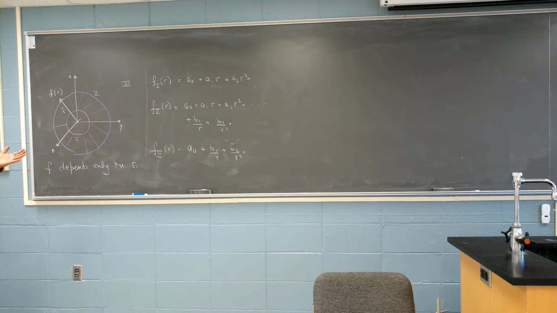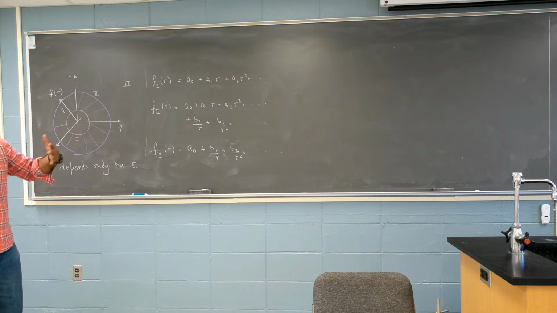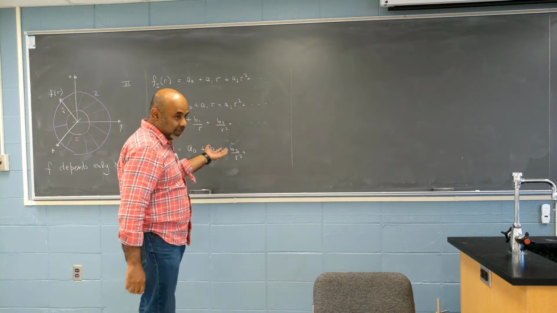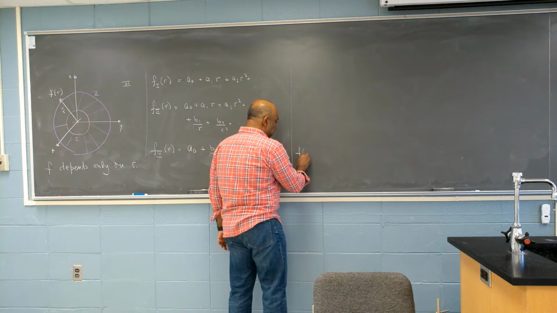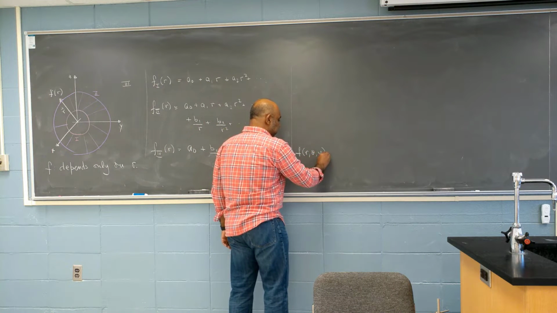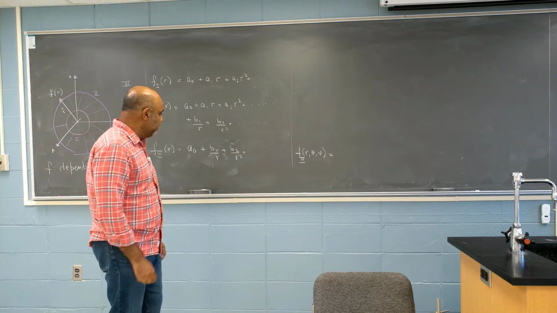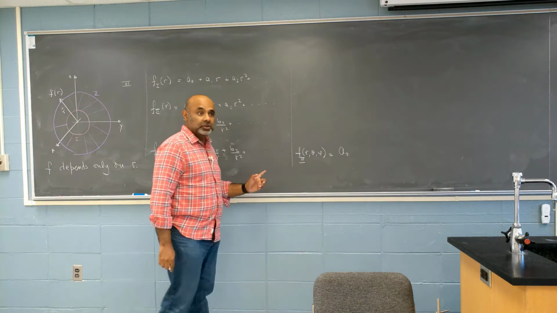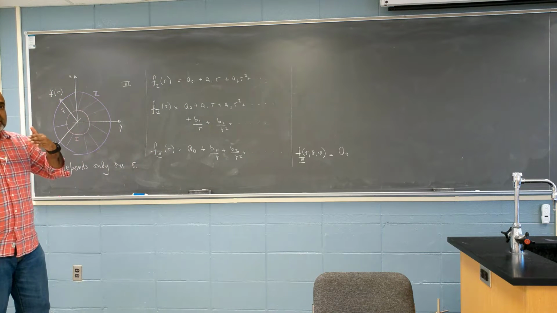Now, I chose f to be a function only of r. What would happen if f is a function of r, theta, and phi? Well, let me write it just for region 3, because the same thing applies to all the other regions. So if you have f of r, theta, phi, again in region 3, same remarks apply here. You would have a0. It cannot be a function of r, because we're series expanding with respect to r.